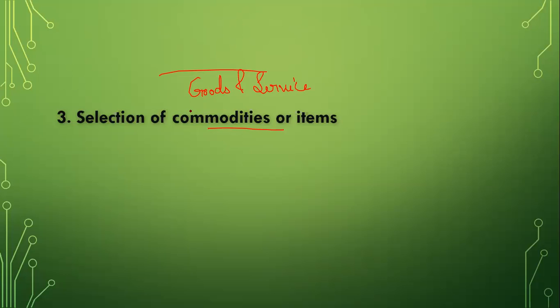So this is one of the complicated or difficult process, you can say. Why complicated? Because out of all the total commodities or all the total goods or services, you have to select the one which is suitable for your index.